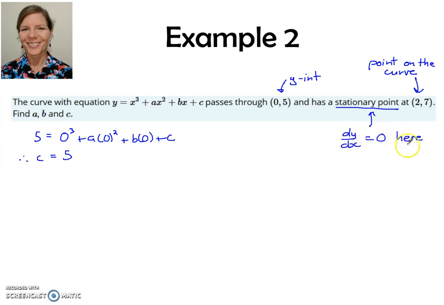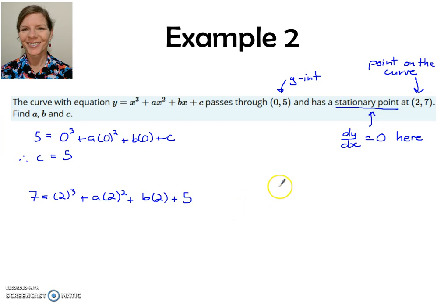Because we've still got two variables, we need two equations so we can solve. So we can substitute this into the original function: 7 equals 2 cubed plus a times 2 squared plus b times 2 plus c, which we know is 5.